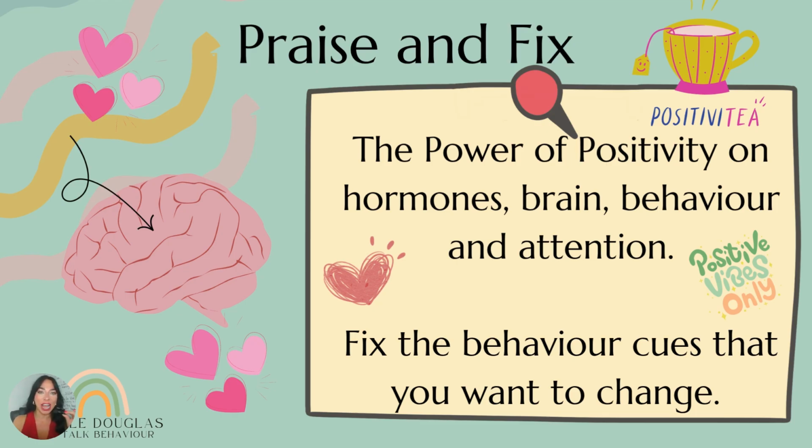Now, if the child hasn't done the behavior that you would like to see, we call this fix. What we do is use positive feedback first to acknowledge what they did do right, and then we would use a fix. So it might look something like this. "Oh my goodness, you did coming into the classroom with your calm feet beautifully.